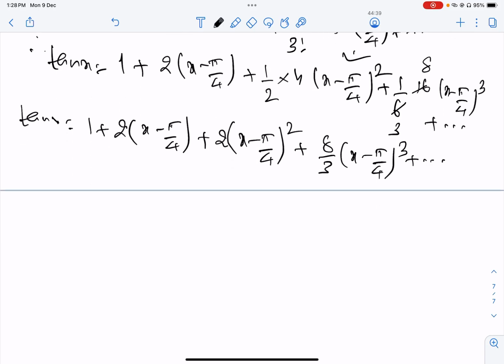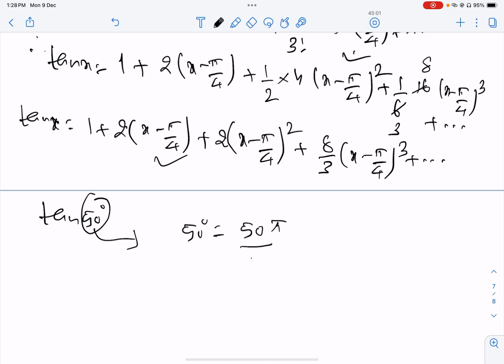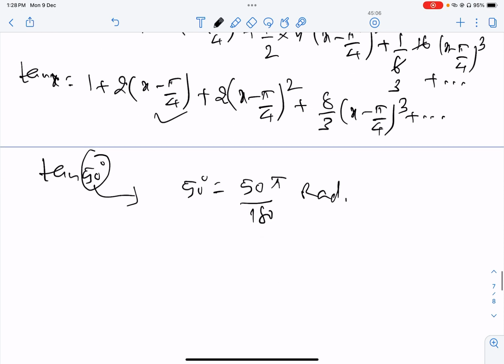Now we would like to find the approximate value of tan 50 degrees. So now this is in radians, pi by 4 and so on, so we need to convert into radians. So this 50 degree is nothing but 50 pi by 180 radians. And now, you can see the terms x minus pi by 4, x minus pi by 4 square, x minus pi by 4 cube.